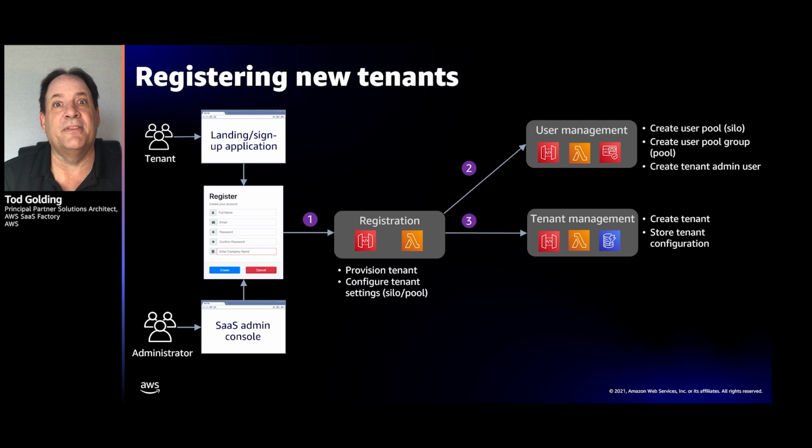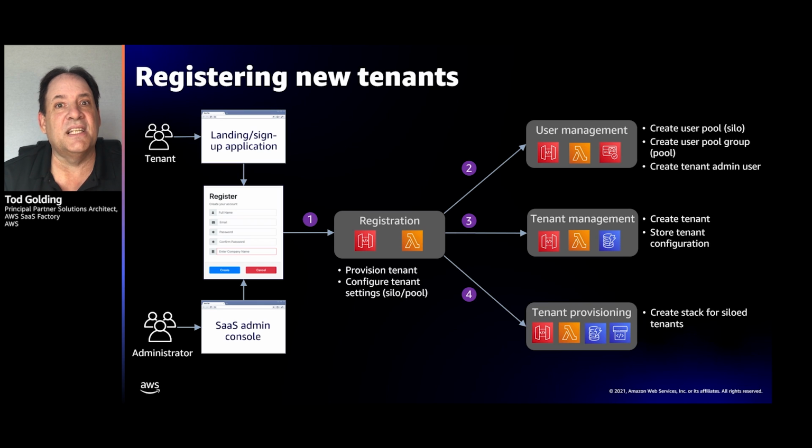And then the last piece is this provisioning piece, and this is the piece that lots of people will overlook, right? They'll think, well, we're only pooled so we don't need it. But now in this model where we're supporting both pool and silo models, a lot of effort and energy goes into this tenant provisioning experience. Because if you're silo, we actually have to provision separate infrastructure for you as a tenant.